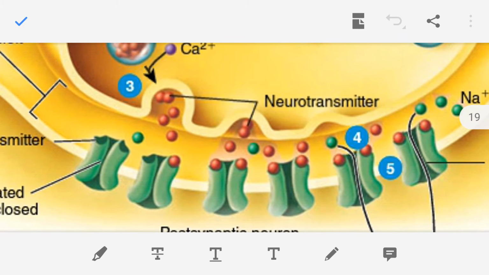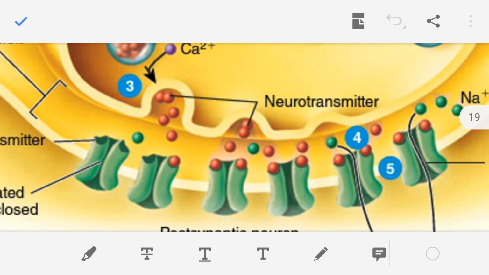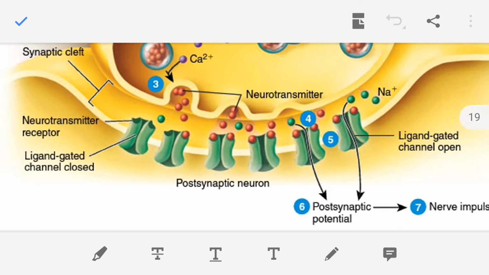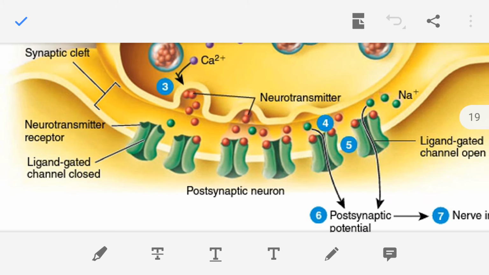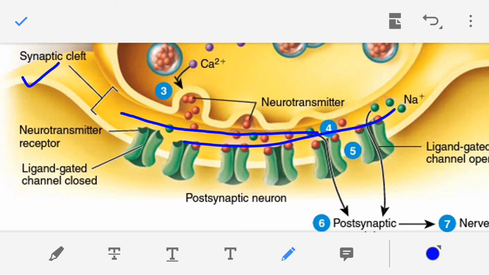When they burst, the neurotransmitter is released. Here with the red color you can see the neurotransmitter is released, and the neurotransmitter is acetylcholine. Right now it is in the interstitial fluid which is present in the synaptic cleft.